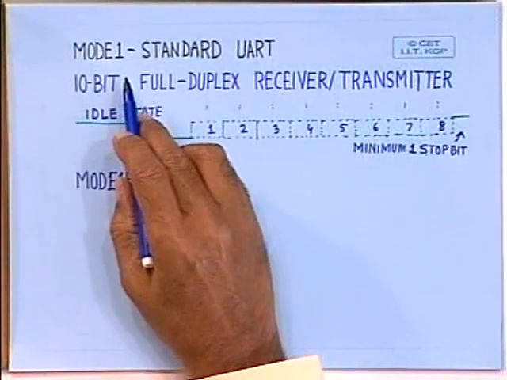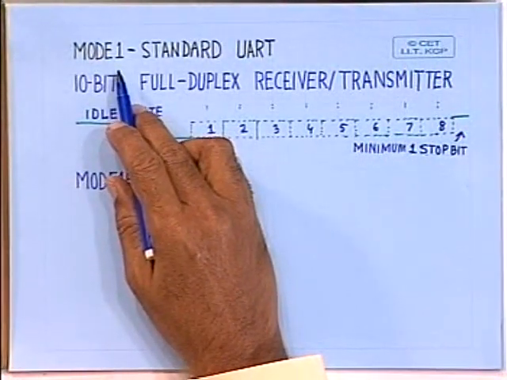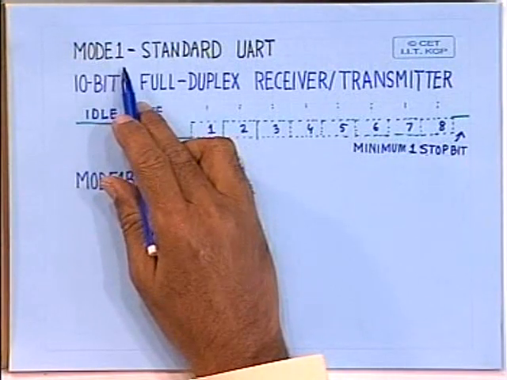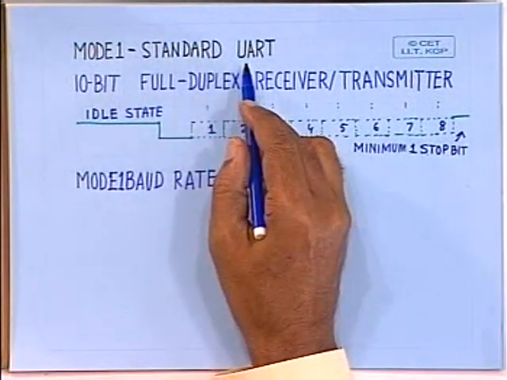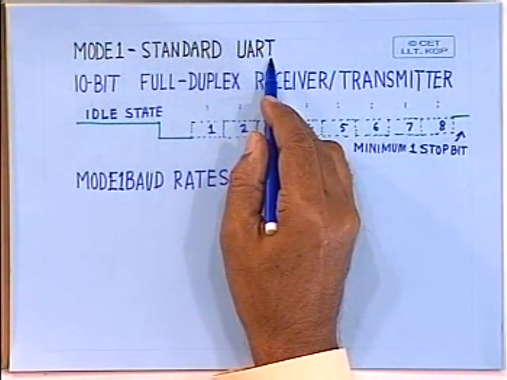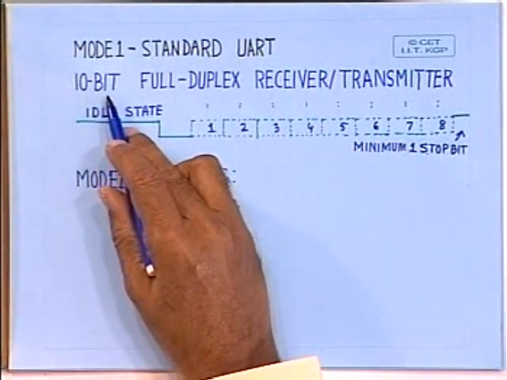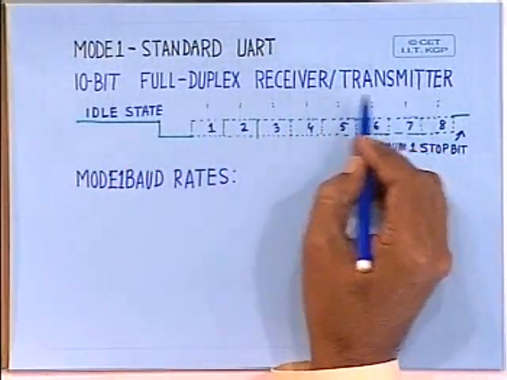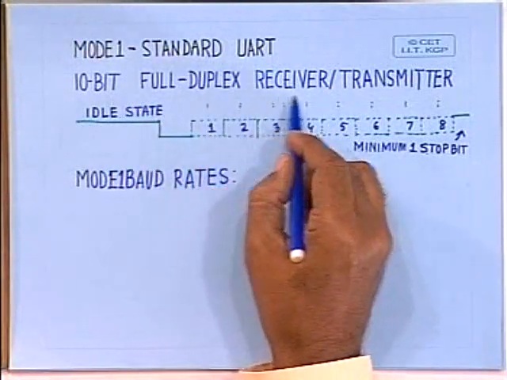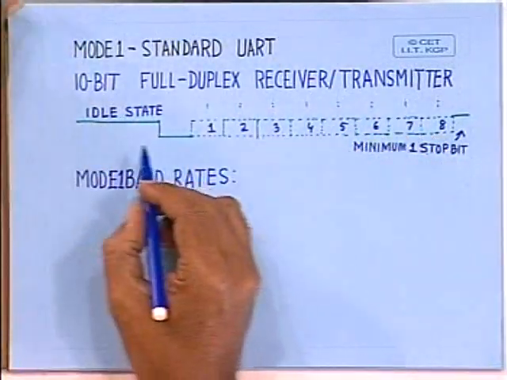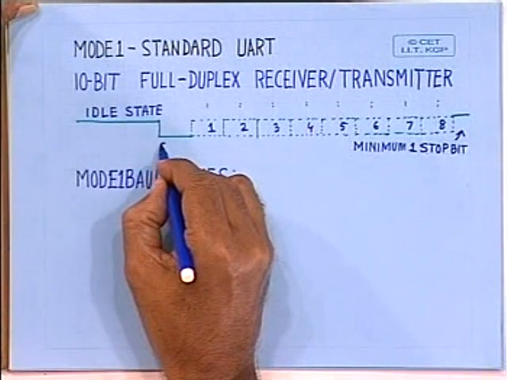But possibly the most widely used mode of operation will be mode 1, which is the standard universal asynchronous receive transmit mode. This acts as a 10-bit full duplex receiver transmitter, and you can use one start bit.